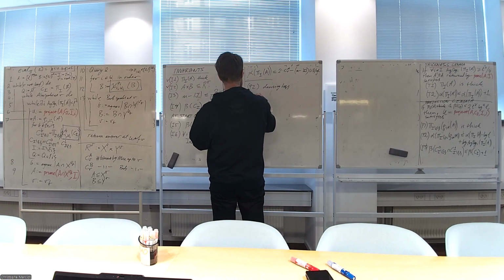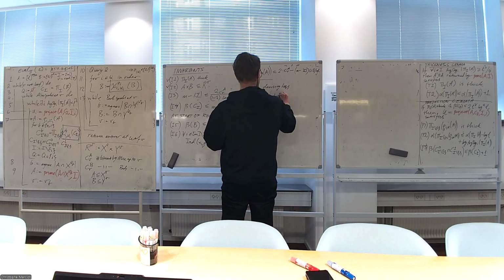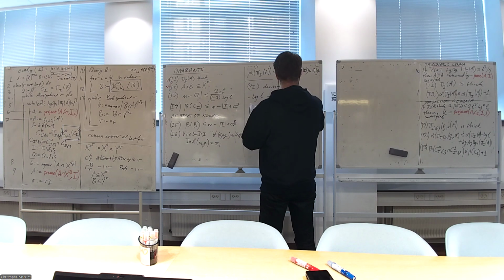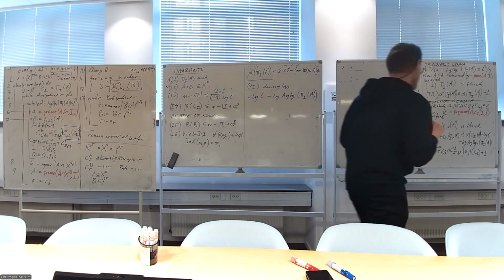So minus log L plus log average degree of pi I of A. Am I copying this correctly?